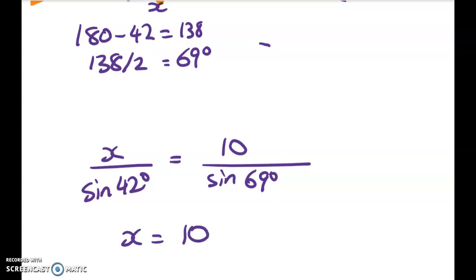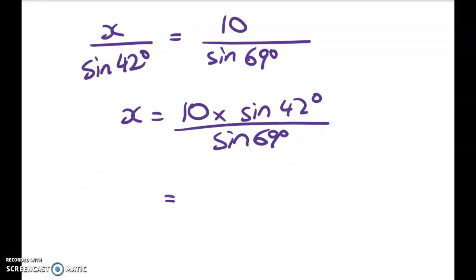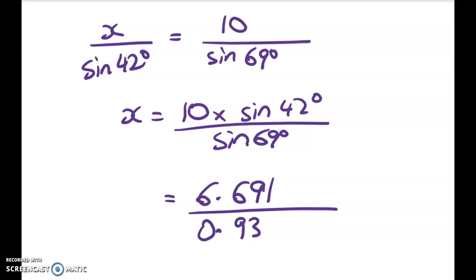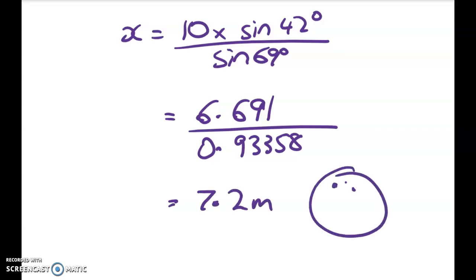X is equal to 10 times sine 42 degrees over sine 69 degrees, giving us in the numerator 6.691, and in the denominator 0.93358, and when we work that through on our calculator, we again get 7.2 meters.